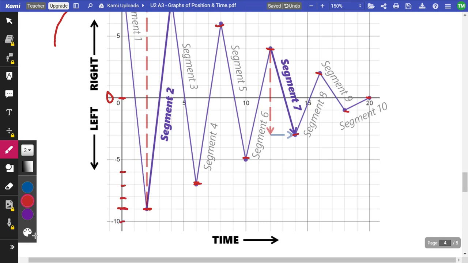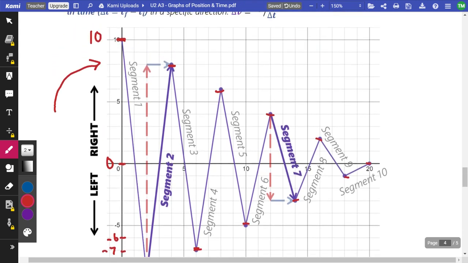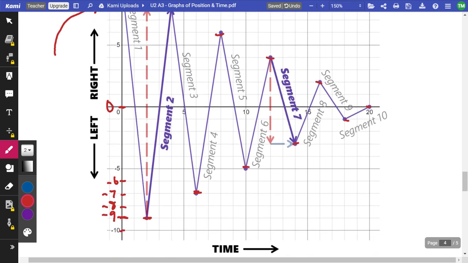So to get from negative 5 to negative 10, each one of these must be like 1. So like negative 5, negative 6, negative 7, negative 8, negative 9, and then negative 10. So our pendulum's going from positive 10 to negative 9 all the way down that way. Interesting.